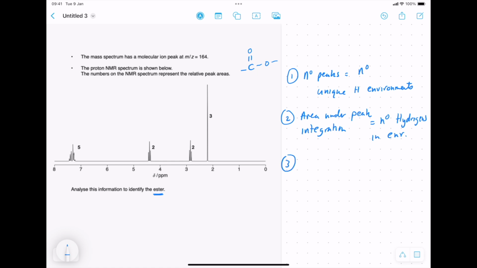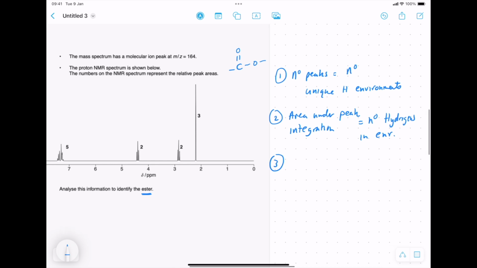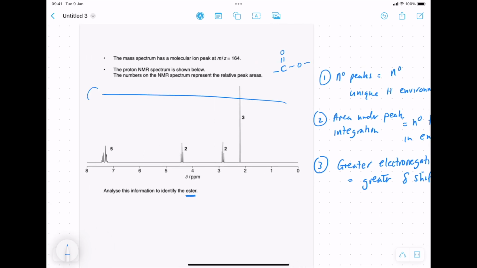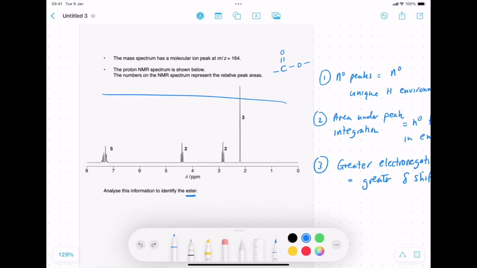And then number three, which is more of a general one, the greater the electronegativity leads to a greater chemical shift. So what I mean by that is when you have a hydrogen environment that's surrounded by electronegative atoms like oxygen or fluorine and so on, it drives the chemical shift to the left. Remember, the scale on NMR goes backwards from right to left.